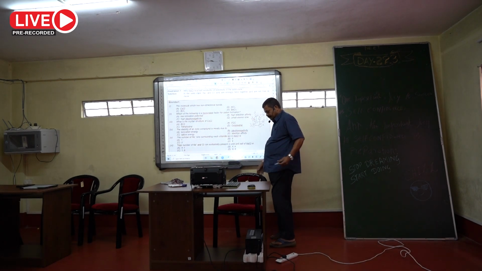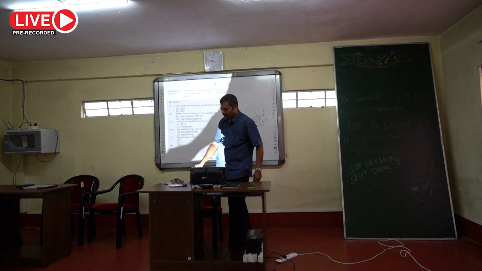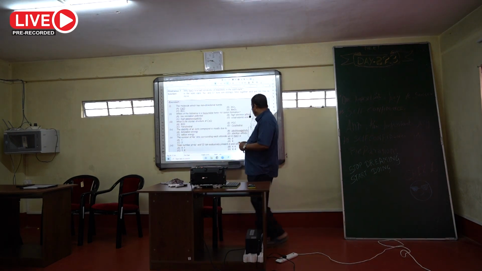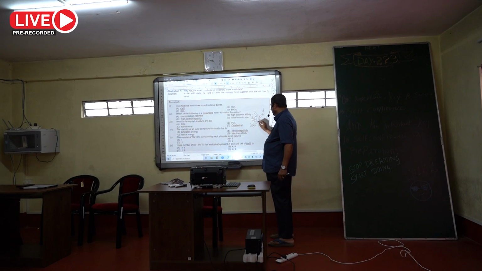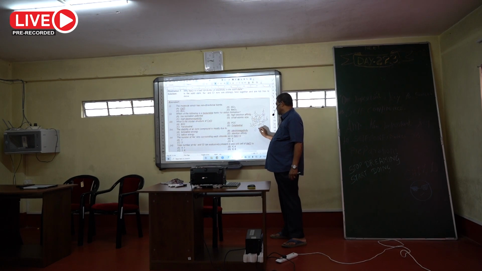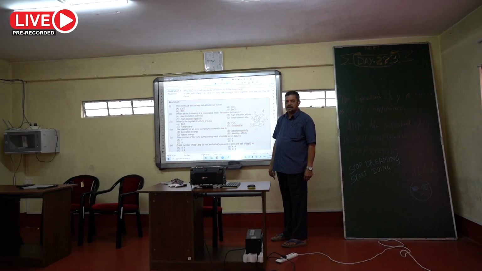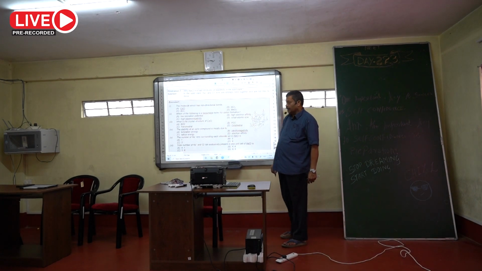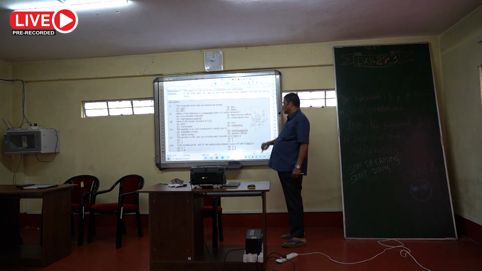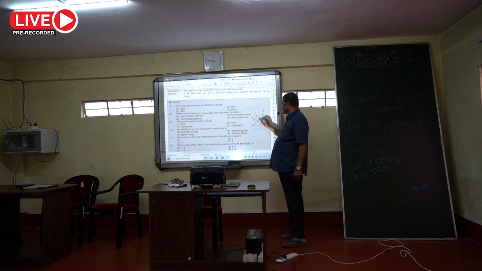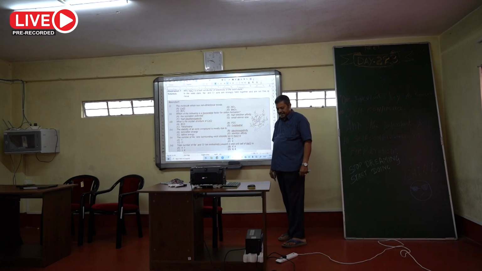And between these 8 chloride ions, at the body center, cesium ion will be there. This is called BCC lattice, body centered cubic lattice. At the body center, you have cesium ion. How many chloride ions are surrounding this? From 8 corners, 8 ions. That's why the coordination number is 8.